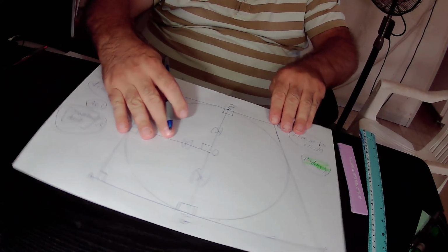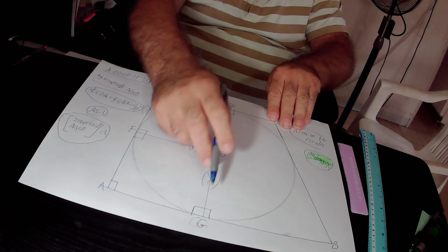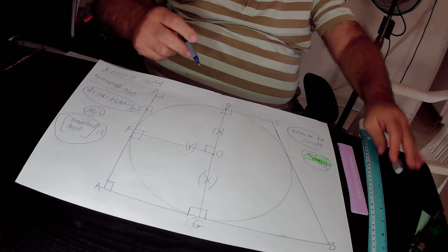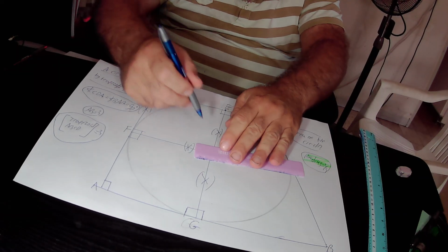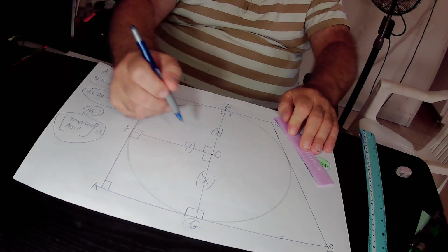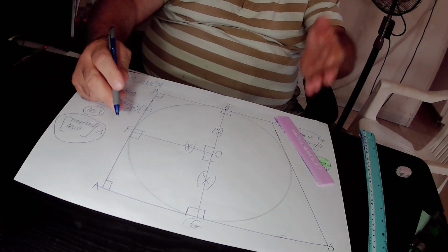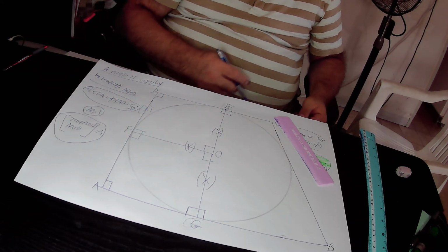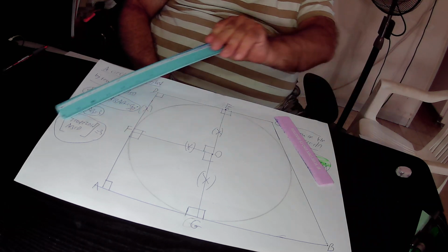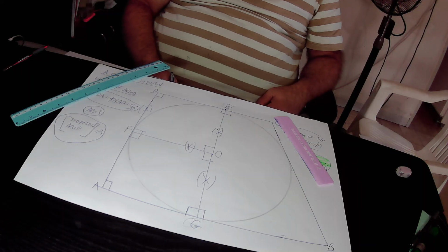Likewise, in the lower quadrilateral FOGA, we have 1, 2, 3 right angles. Therefore, this fourth missing angle must be equal to 90 degrees in its size. So in quadrilateral FOGA, we have 4 right angles, and therefore we can relate to this quadrilateral FOGA as a rectangle. But we also know that the opposite sides of a rectangle are equal to each other.